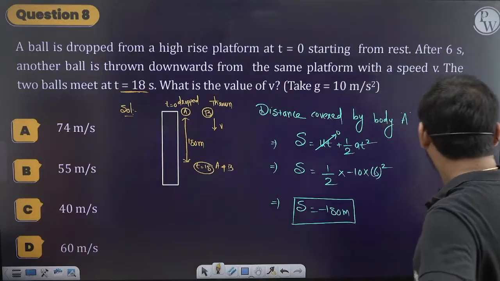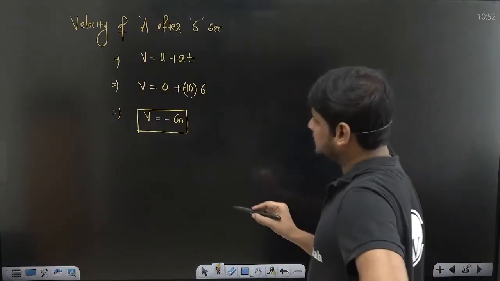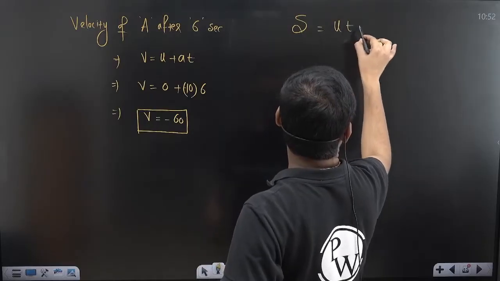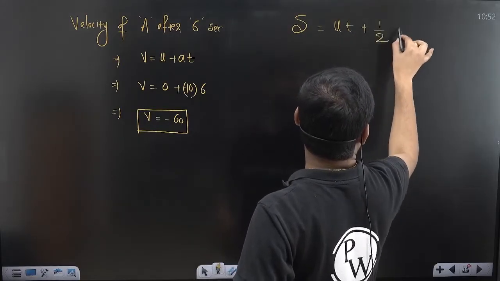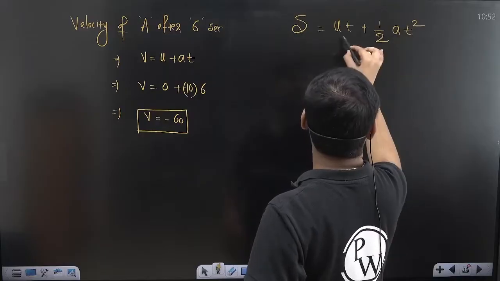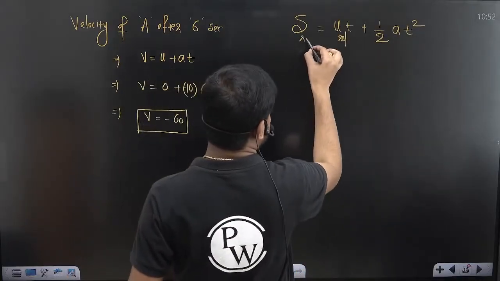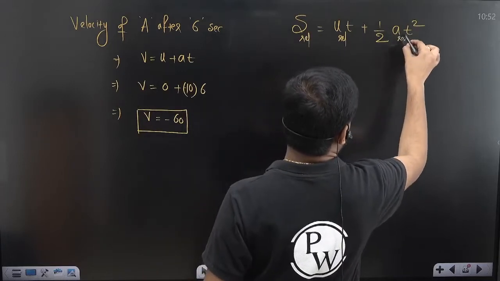Now I am going to use the equation s = ut + half at square, where here u is u relative, s is s relative, and a is a relative.